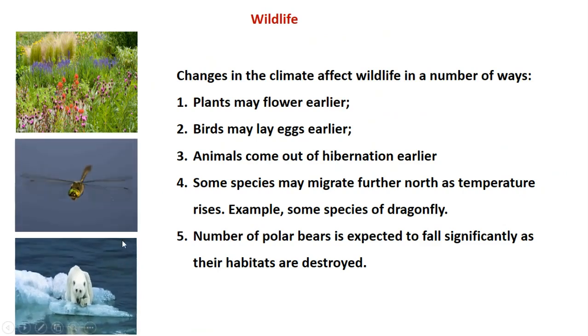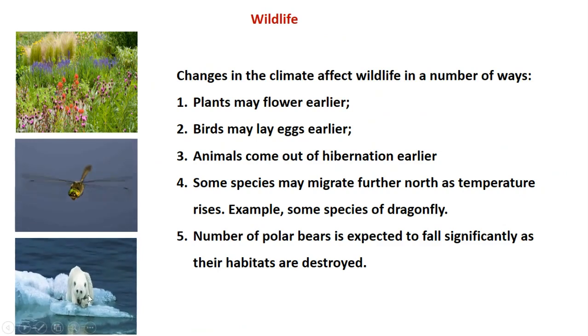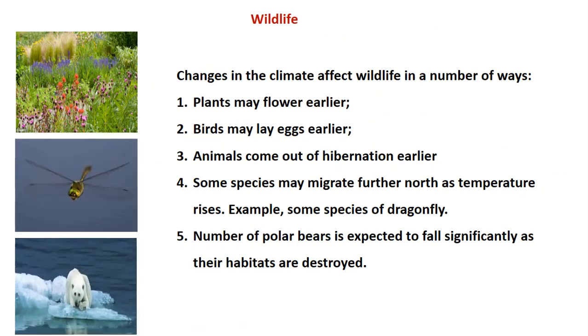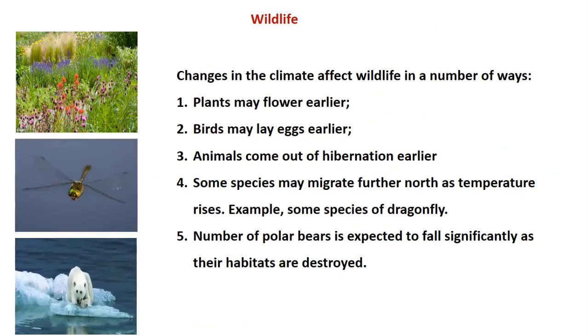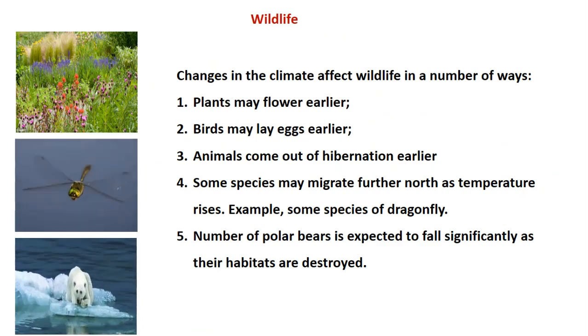Number 5, you can see a polar bear on a tiny bit of ice trying to survive on that. Surrounding it is a lot of seawater. Because of this, we are expecting the number of polar bears to fall because their habitats are being destroyed. If their habitats are being destroyed, they wouldn't have anywhere to live. And also, the amount of food available to them will be reduced.